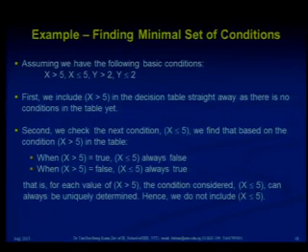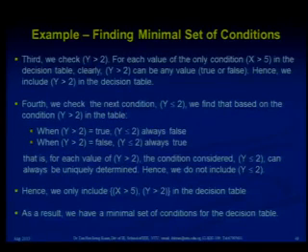When we consider the third one, we still have only one condition in the decision table, x greater than 5. When x greater than 5 is true, y greater than 2 can be true or can be false.